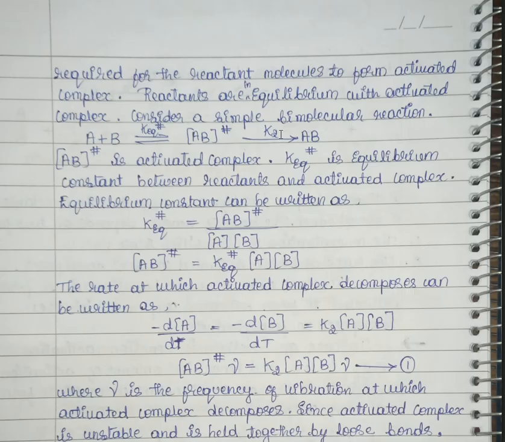So when we apply the equilibrium constant equation, K of equilibrium‡ will be equal to the molar concentration of products divided by the molar concentration of reactants.